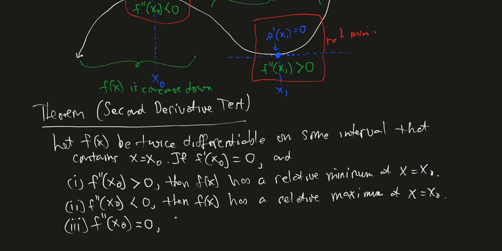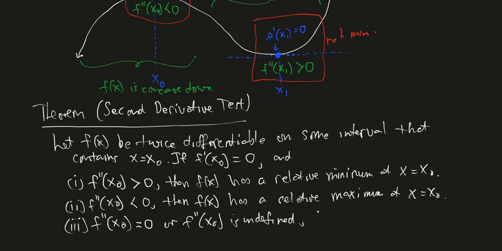Let me add two more things. If the second derivative at that point is equal to 0, or the second derivative evaluated at x is undefined, no conclusion can be made.